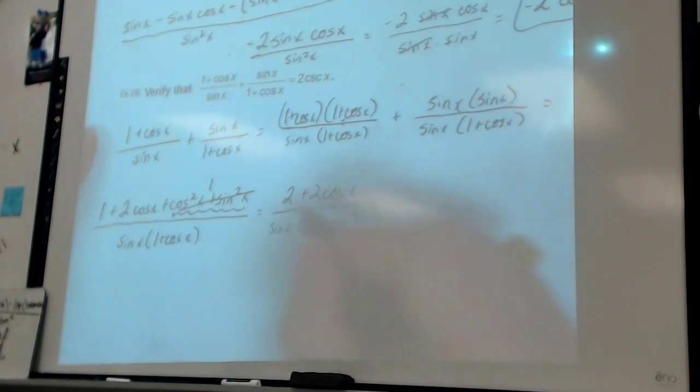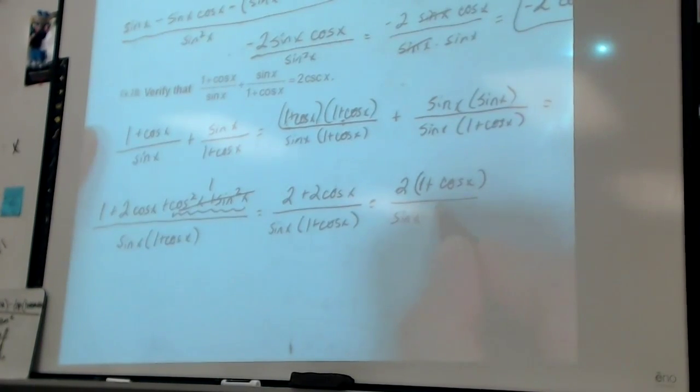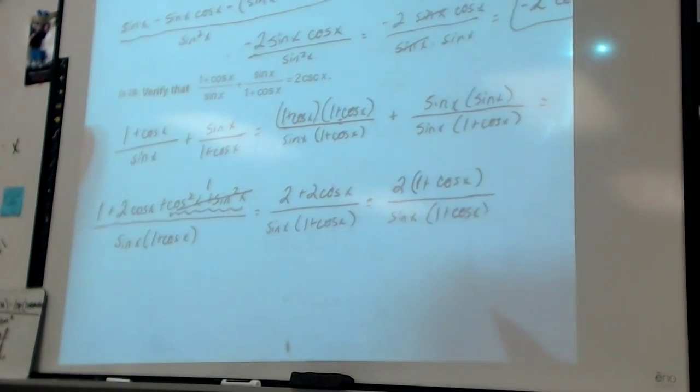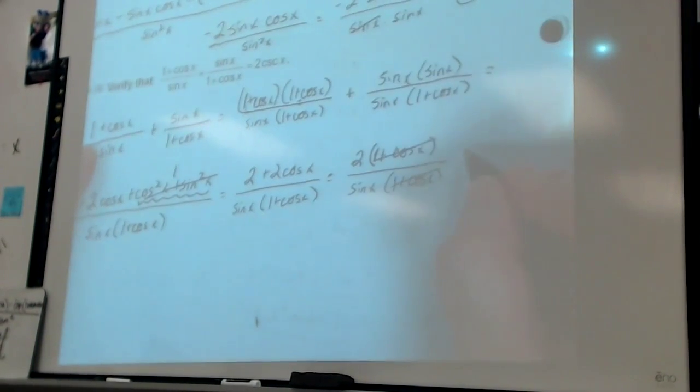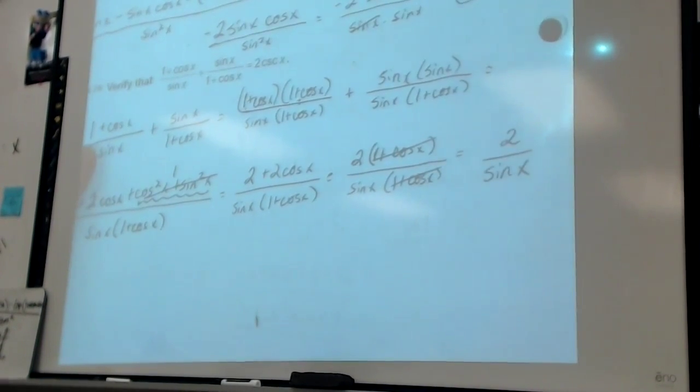So factor out a 2, and you have 1 plus cosine x over sine x times 1 plus cosine x. See, that's why I didn't distribute right away, because that worked out. Those two now cancel. So I have 2 over sine x.